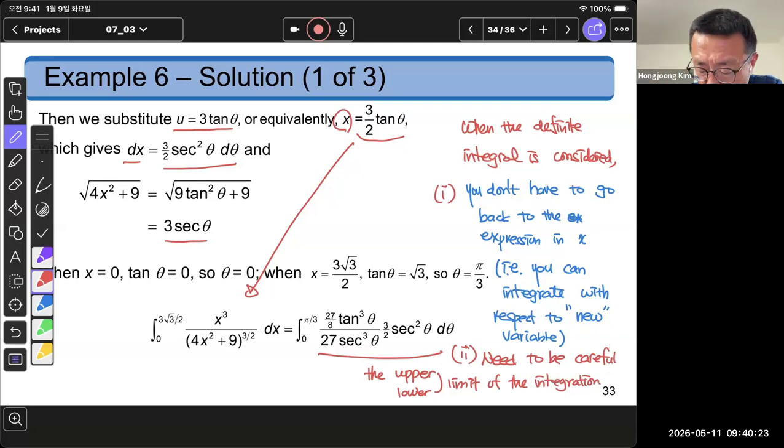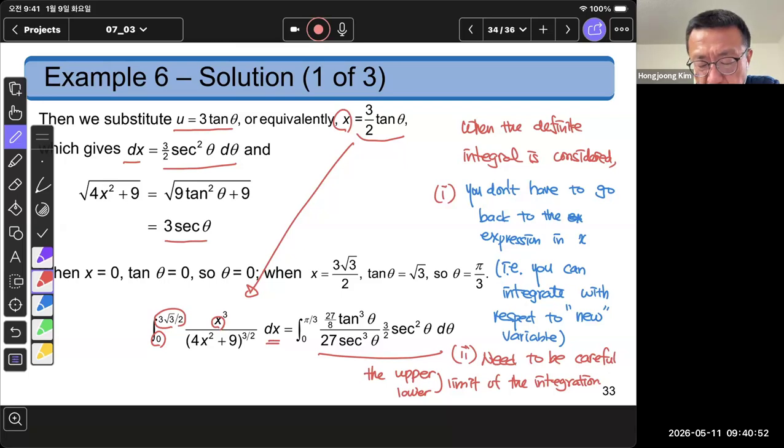When x is replaced with some expression in theta, as in this example, the upper and lower limits of the integration, those two numbers, 3 square root of 3 over 2 and 0, define the integral domain for the x variable, not theta, right?